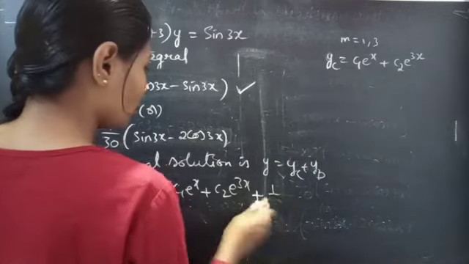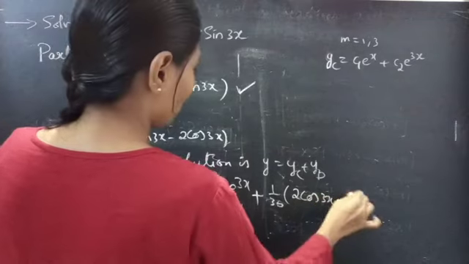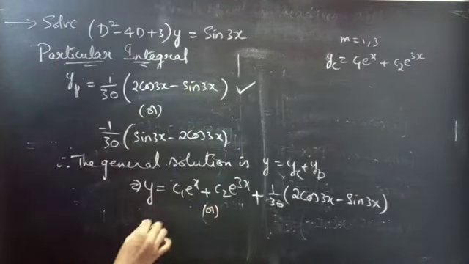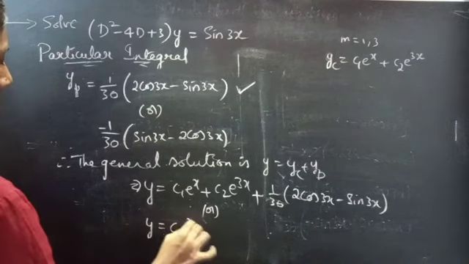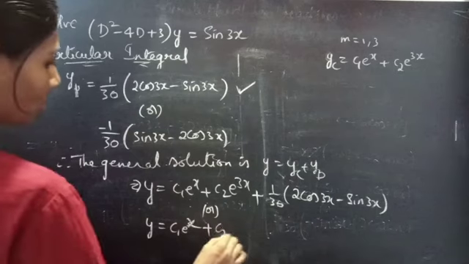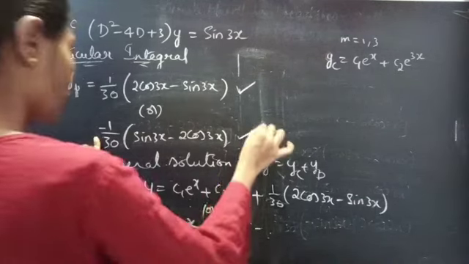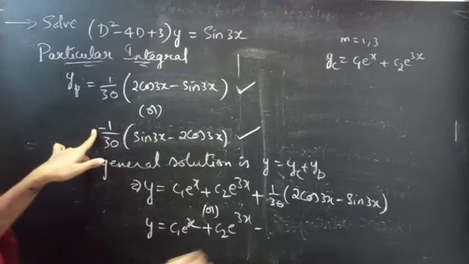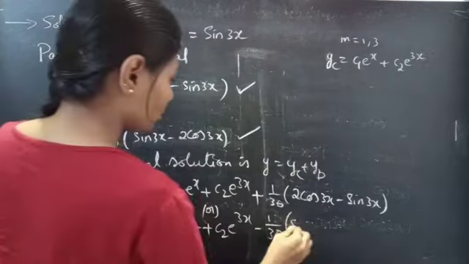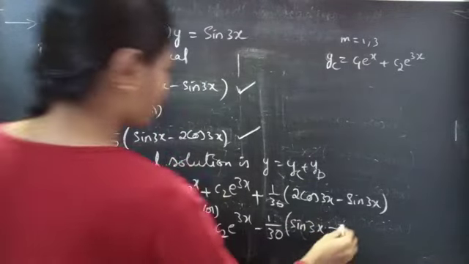You'll have 1 by 30 into 2 cos 3x minus sine 3x. Or y equals c1 e power x plus c2 e power 3x minus, for the negative, minus 1 by 30 into sine 3x minus 2 cos 3x.